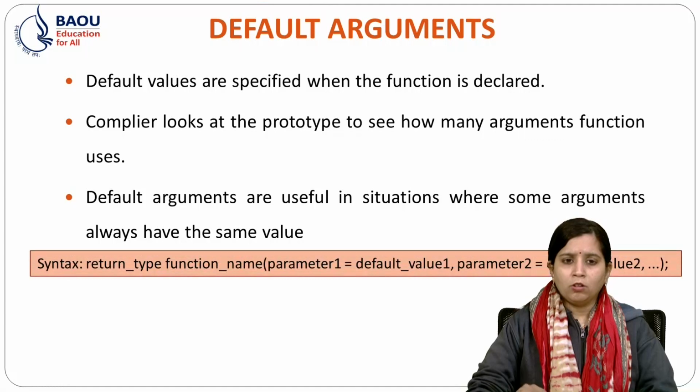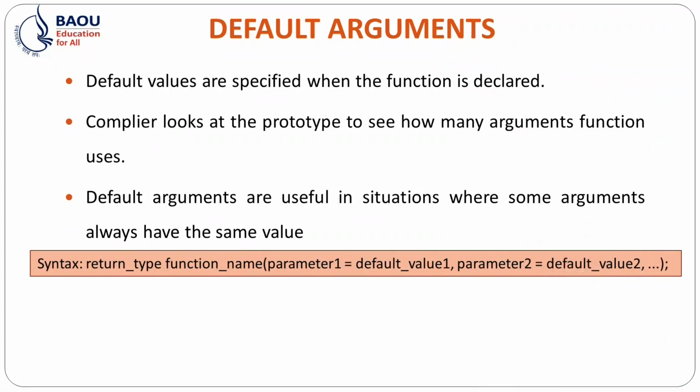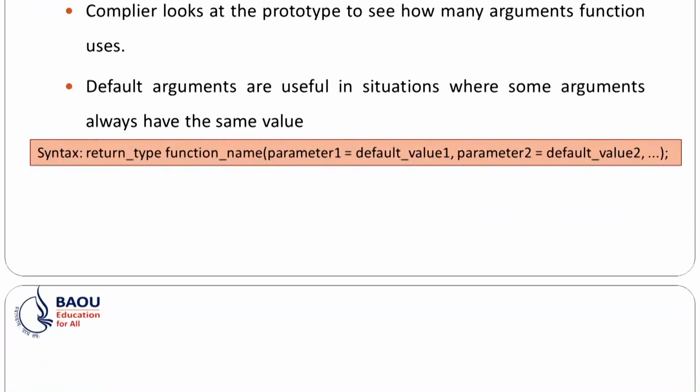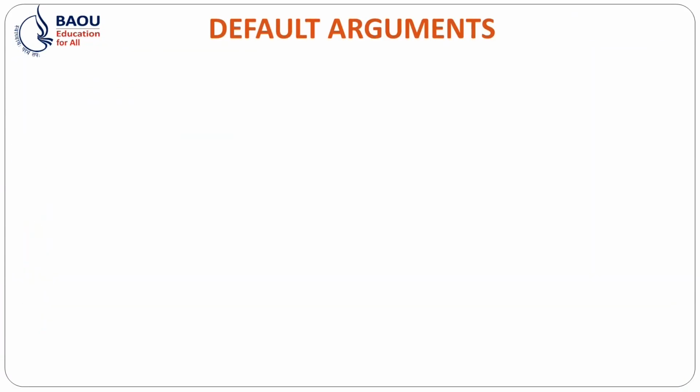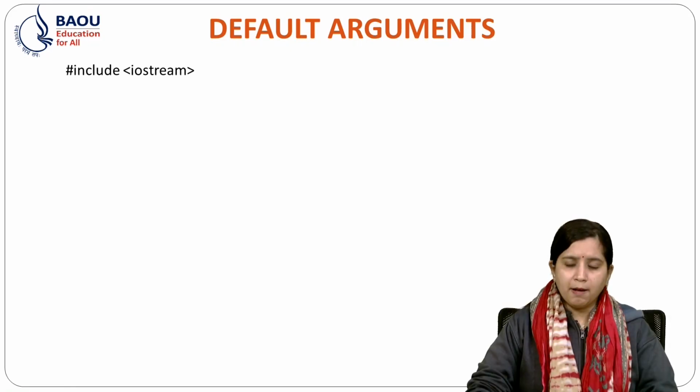So the syntax of default arguments is return type, then function name, and parameter 1 default value, parameter 2 default value. Let's see the example of default argument.